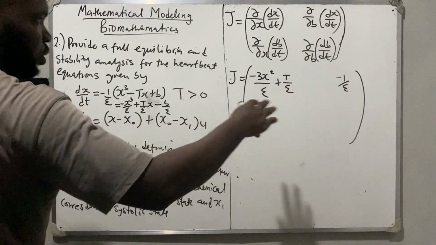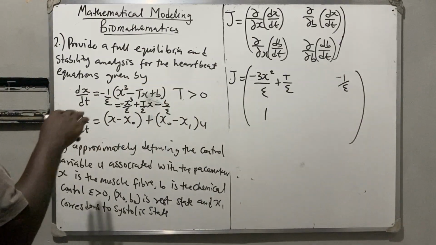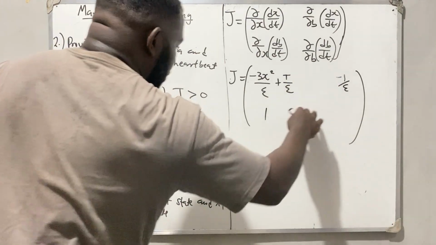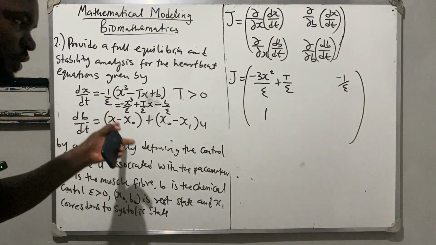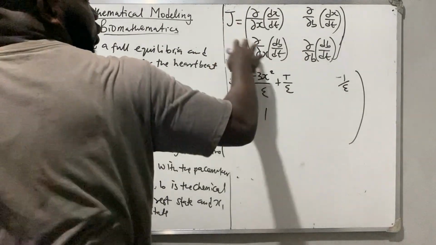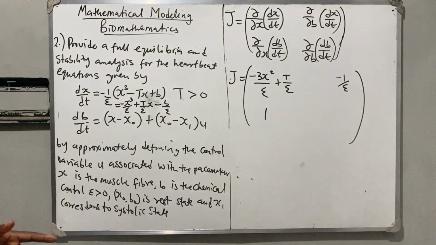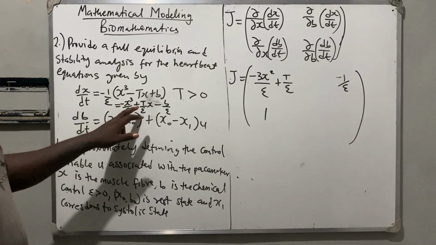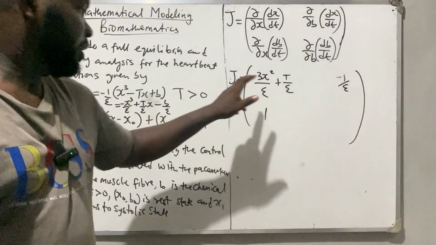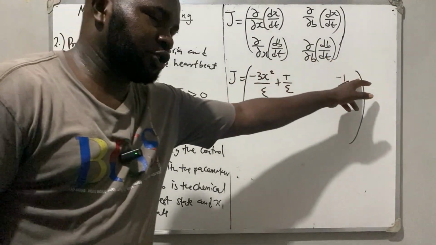You write your row, you come to your column. Your first row is for the first equation. Your second row is for the second equation. Differentiate it with respect to x again, and differentiate it with respect to b. Even if you did not write this, you understand? That is the shortcut. So differentiate the first equation with respect to x, you get this. Differentiate it with respect to b, you get this one.